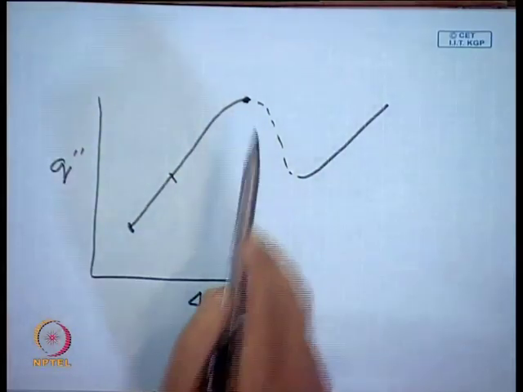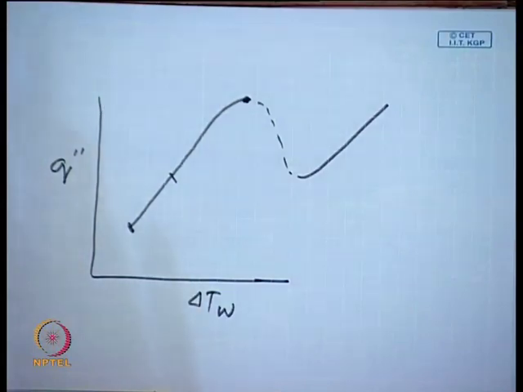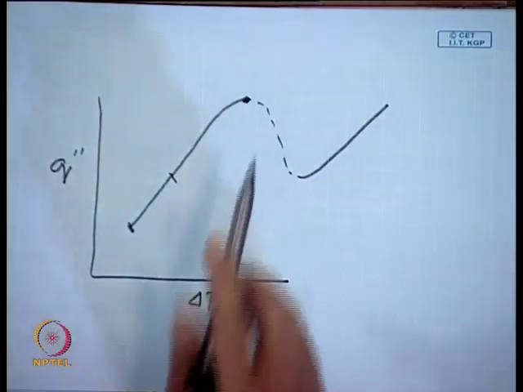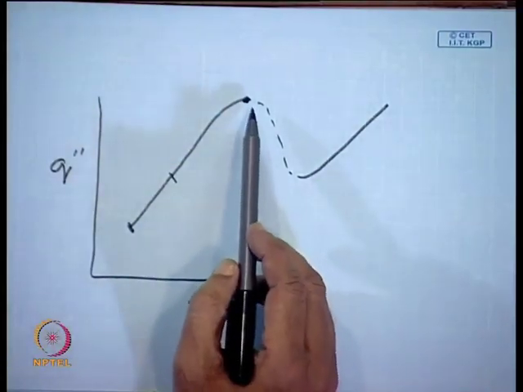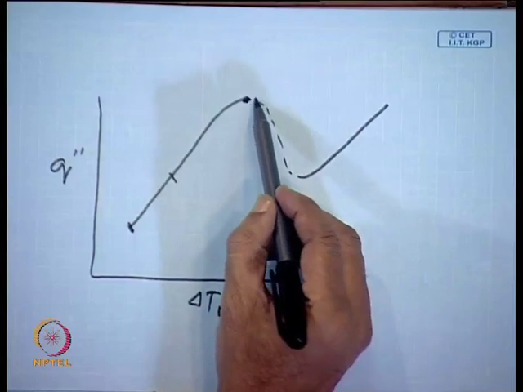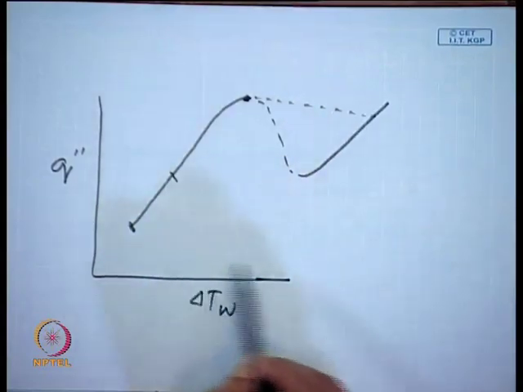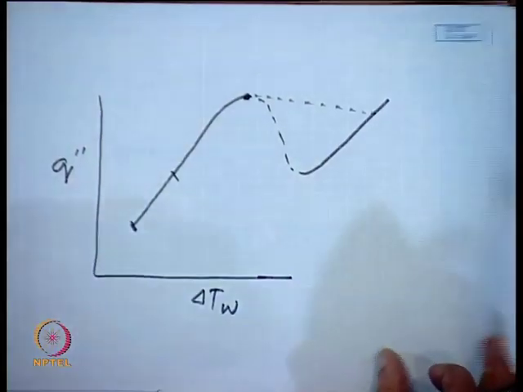So, the maximum amount of heat flux to which your boiling system can be subjected is the critical heat flux. This has to be known, and if we violate this, there is a possibility that we may go directly here and there will be a high rise of temperature. So, people have spent a lot of time in the determination of critical heat flux or maximum heat flux.